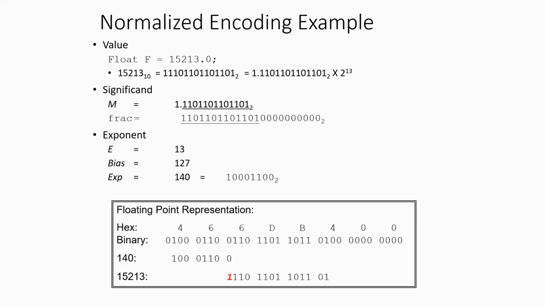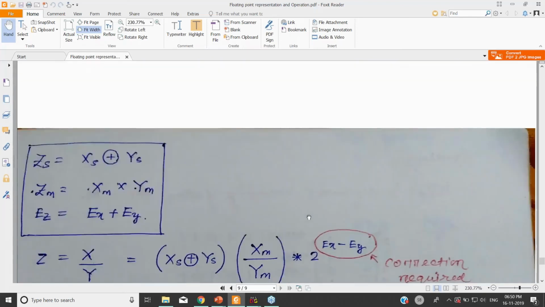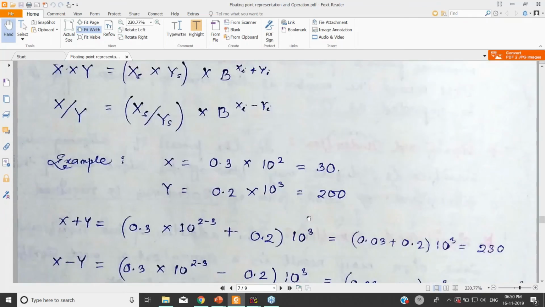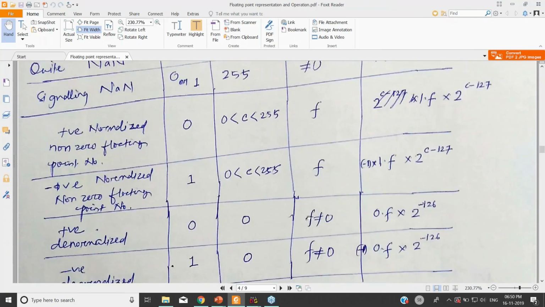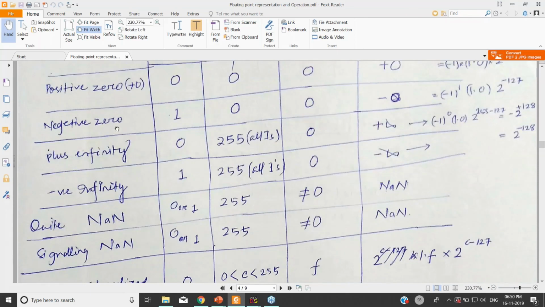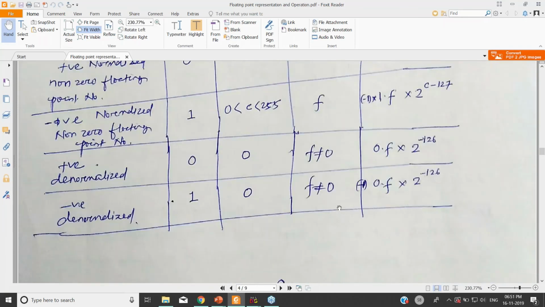And we have also seen its different kinds of representation with the help of a tabulated chart, like positive 0, negative 0, plus infinity, minus infinity, not a number, then actual feasible floating point numbers, then denormal numbers. Apart from this, we have also seen the addition, multiplication and division of floating point numbers.